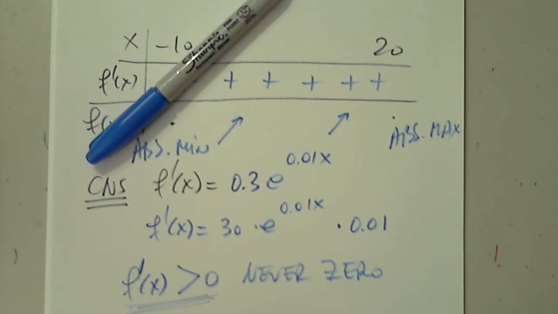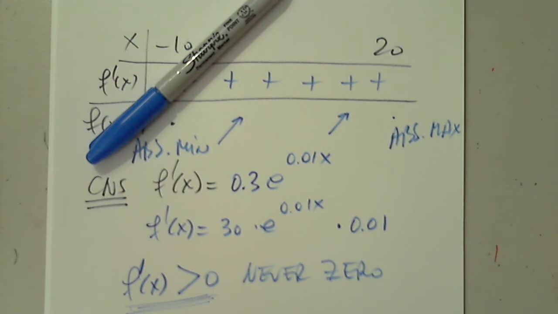So we'll punch it in the graphing calculator. In y equals, we punch in 30 e to, where is my e?